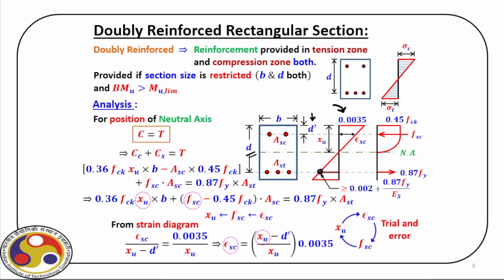So the minimum value is when we have this equal to, it can be more as per the requirement. So we have the strain diagram here. In addition to that, we are worried of this value of strain which is acting at the level of compression steel.